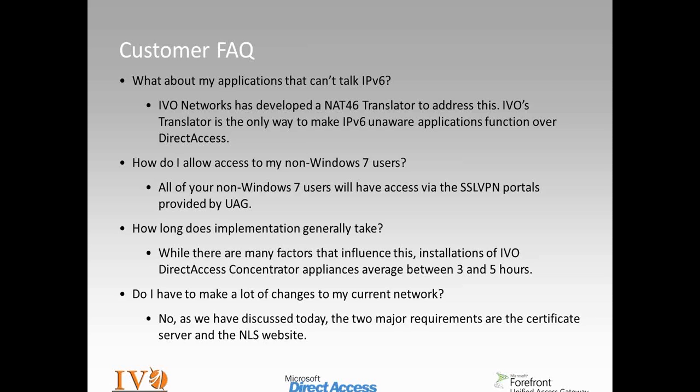As Jordan covered earlier, there are really two things that need to be done, both of which are listed here: certificate server and NLS website. That's pretty much all you have to do on the back side of your environment. Each case is different, but we will always work with our clients to make sure everything's getting set up correctly, and any pre-configuration that needs to be done can be sorted out in a planning meeting.